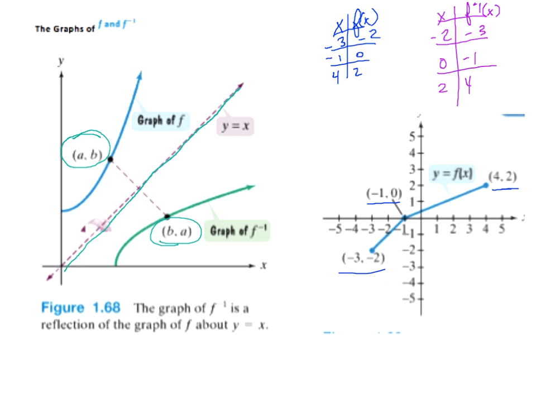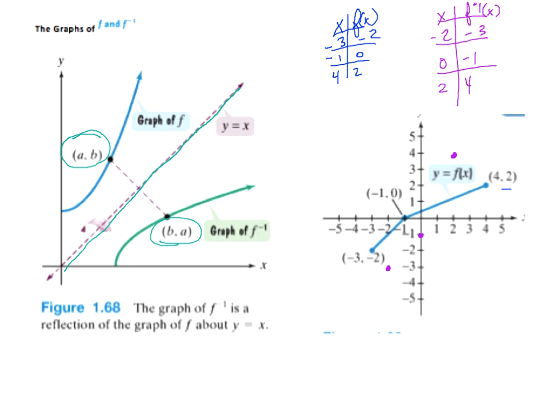Let me clean this graph off real quick, and then I'll graph it for you. This is our last slide. So the point (-2, -3) lives here. Then I've got the point (0, -1), and the point (2, 4).